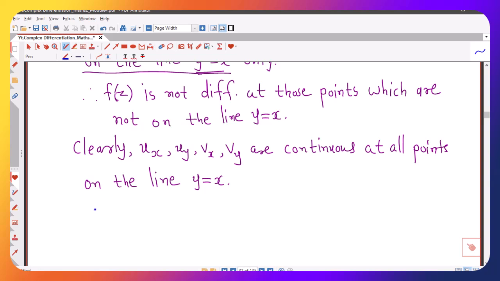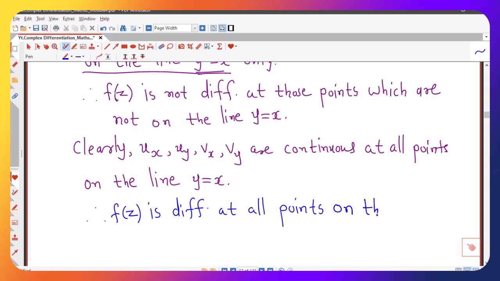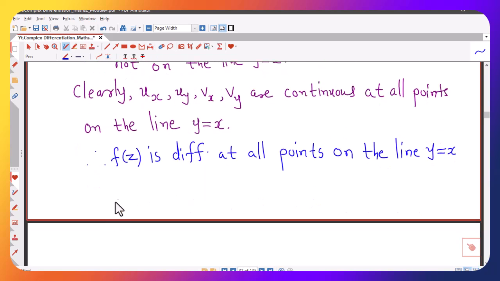Therefore, we can say that f of z is differentiable at all points on the line y equal to x only, because it is not differentiable outside the line.